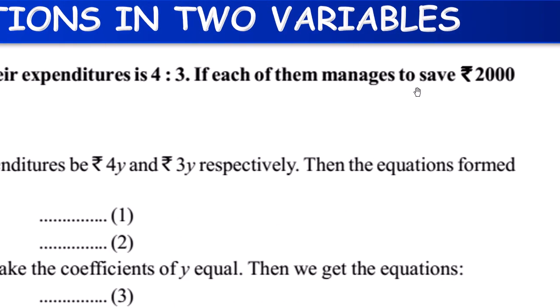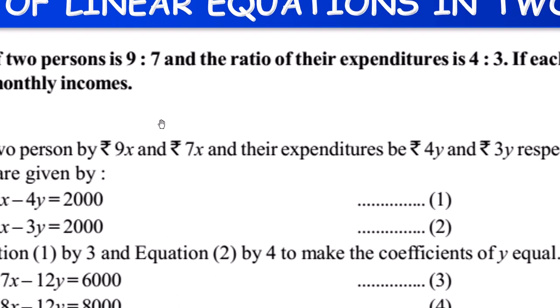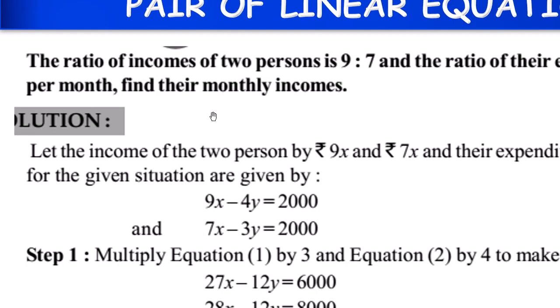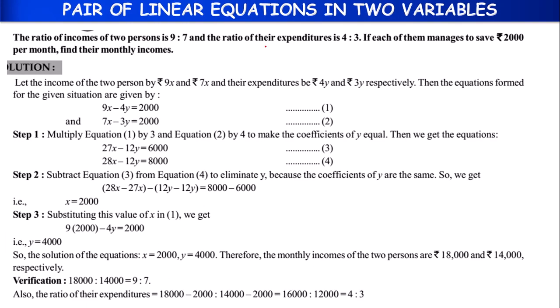If each of them manages to save 2000 rupees after deducting expenditure from the income, if each of them is able to save rupees 2000 per month, find their monthly incomes based on the ratios of incomes, ratios of expenditures and saving amount.